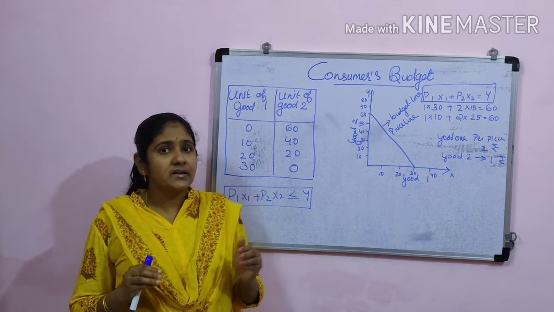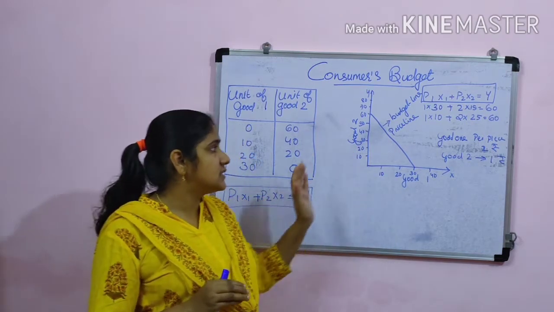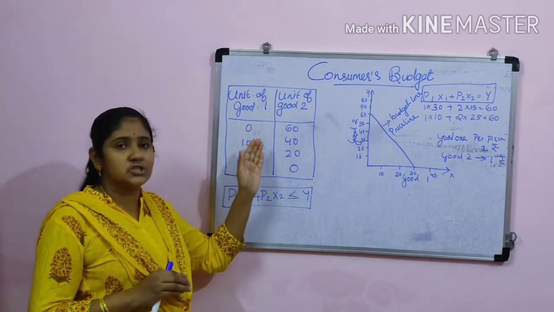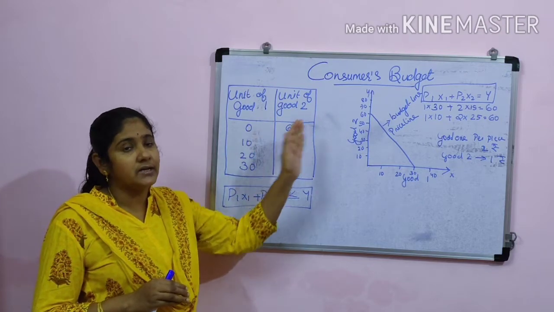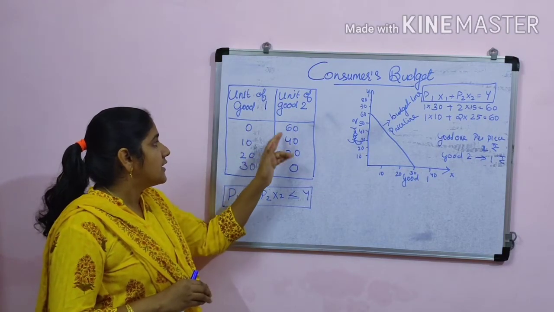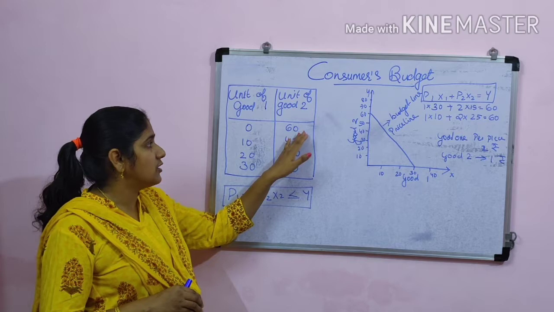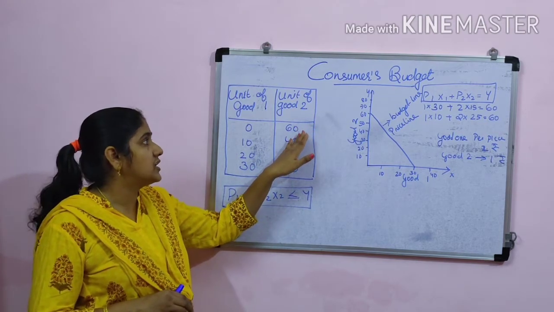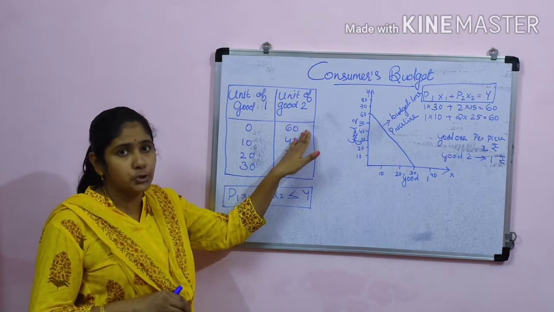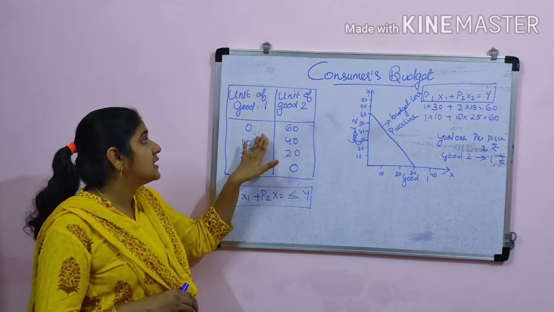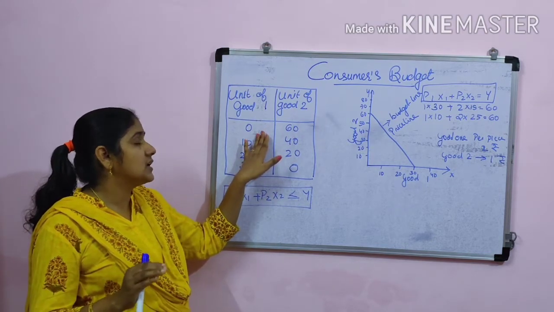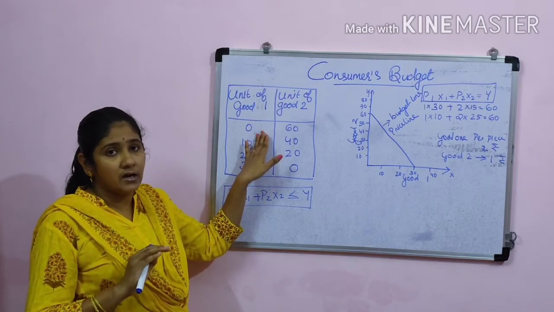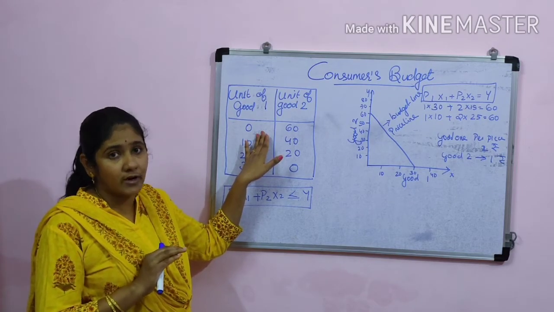Now students, here you just see these different combinations of commodity number 1 and 2. When he is spending the full amount for purchasing commodity 2, otherwise good 2, in that case he will not be purchasing any item from good 1.